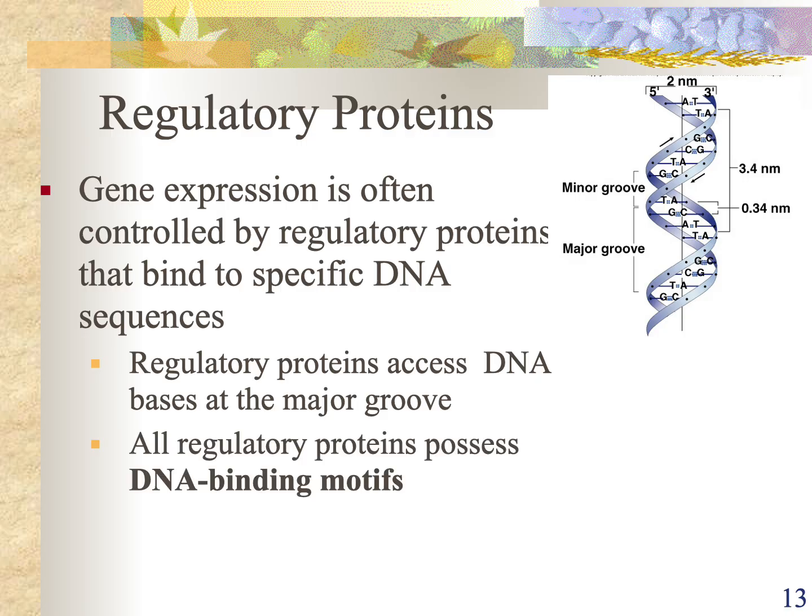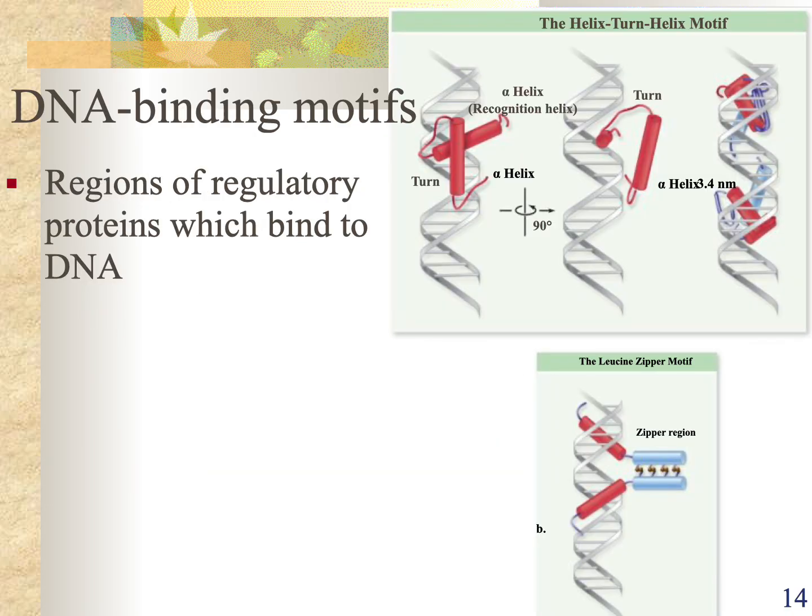and find specific sequences. All these regulatory proteins have DNA binding motifs, and there are several different types. You don't have to really know this, but you have to know regulatory proteins can find specific regions on the DNA.